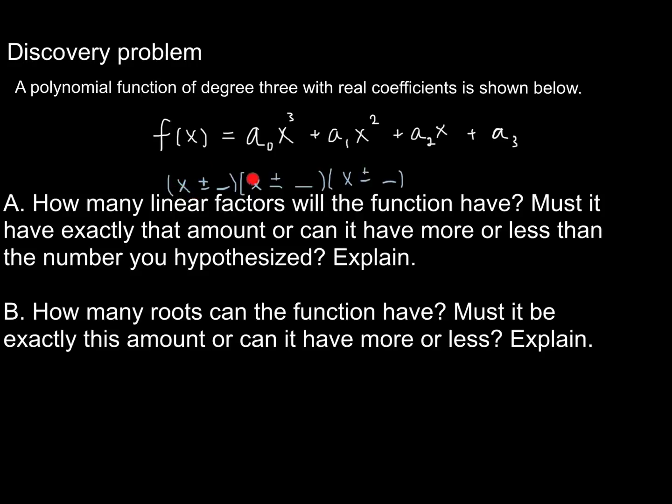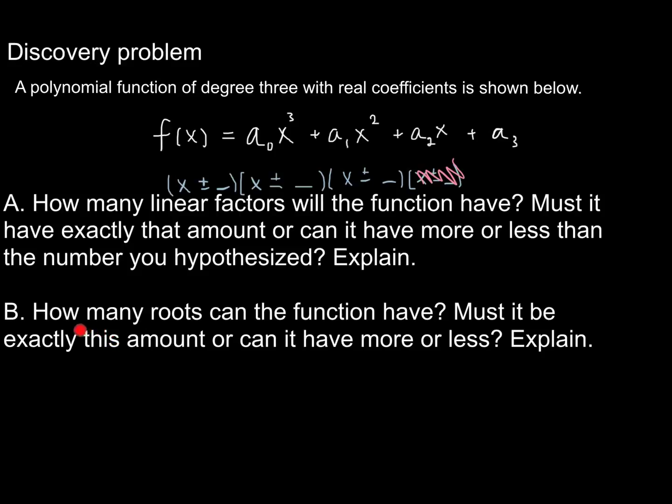So you know it can have 3. Well, could it have 4? Well, if you put in another linear factor, then all of a sudden, when you multiply these out, you'll get a highest degree of 4, which isn't what you wanted. So what you can conclude from this is, look, for this third degree polynomial, the most linear factors we could have is 3. And it can't have any less, it can't have any more.